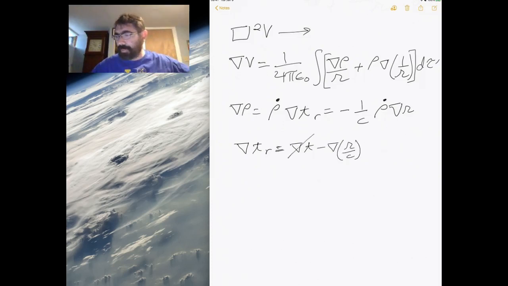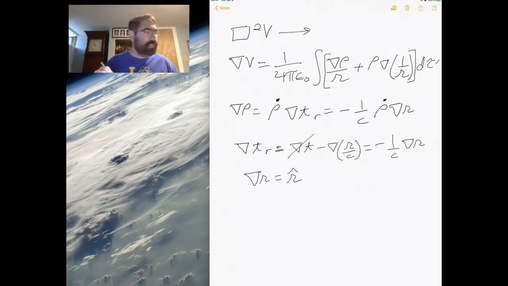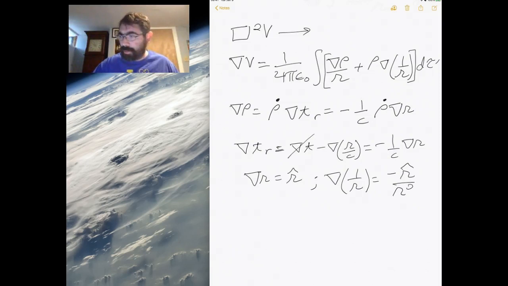Essentially this drops out and I get minus 1 over c, the gradient of r. This gradient of r I can write as r hat, which means that the gradient of 1 over r is minus r hat over r squared.